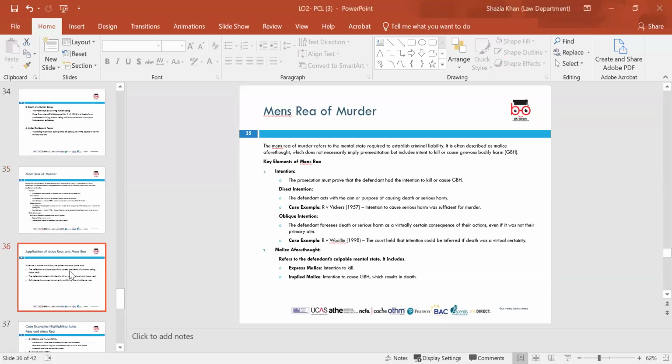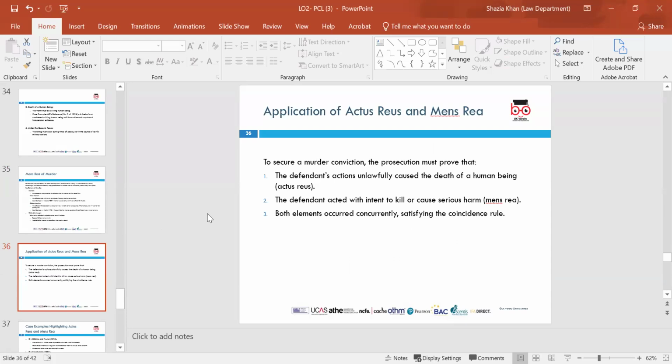The application of actus reus and mens rea comprises actus and mens as a foundation element. Actus is the guilty act and mens is the mens rea, as we mentioned. Actus and mens are the building blocks of criminal liability, as mentioned earlier.